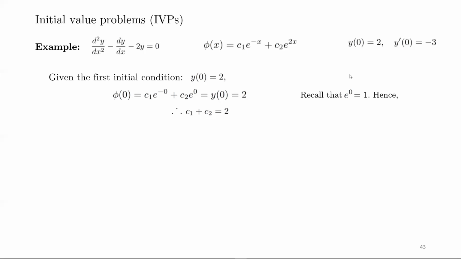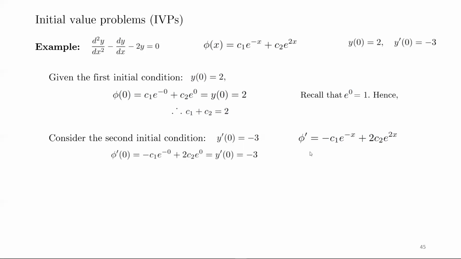But let's look at our second initial condition now, the initial condition on y prime. We know that when x equals 0, y prime is equal to negative 3. Remember, y prime is phi prime. So let's substitute x equal to 0 into this derivative, phi prime, and see what we get.